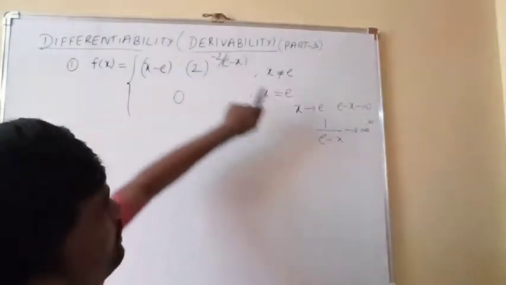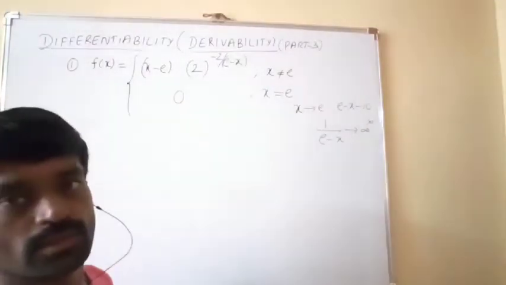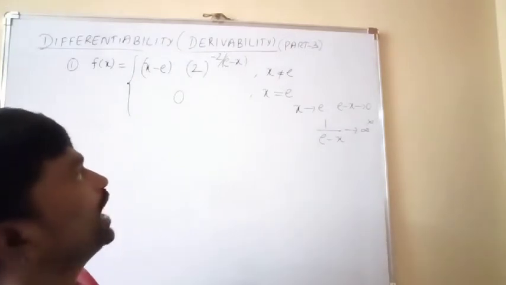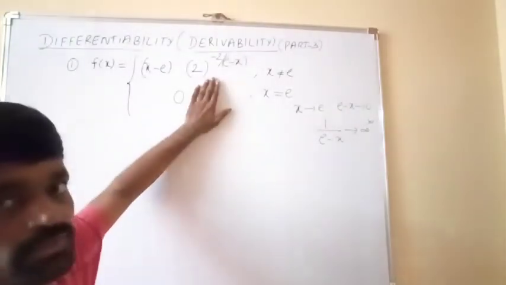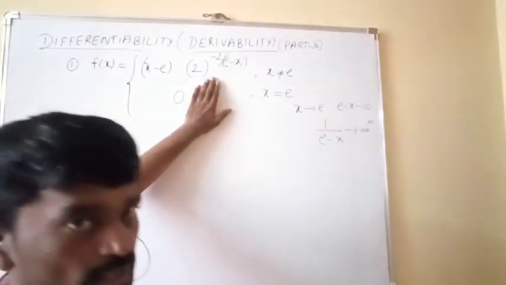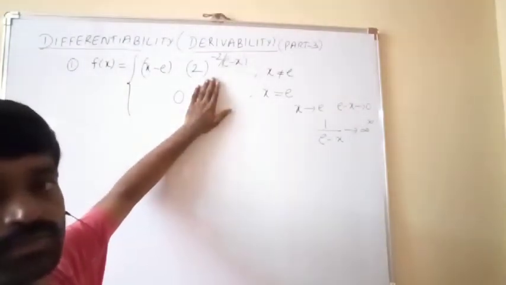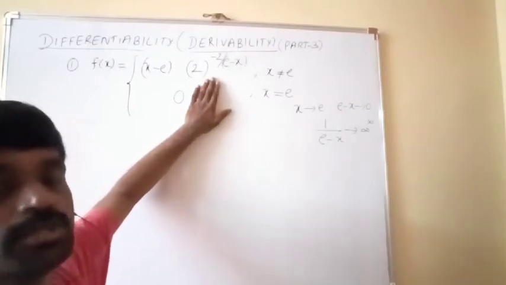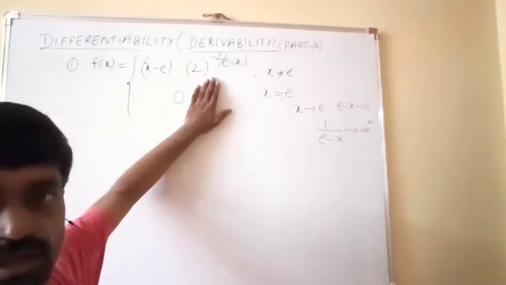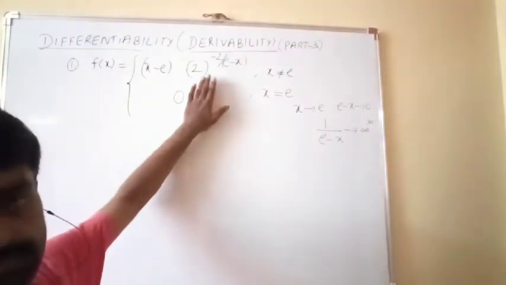Anyway, that factor e - x appears here. So the behavior of the definition of the function as x tends to e plus and as x tends to e minus is different. So better you find both the left hand derivative and the right hand derivative at e.